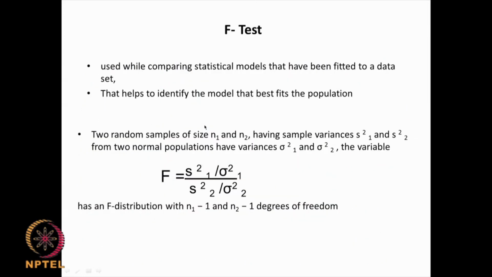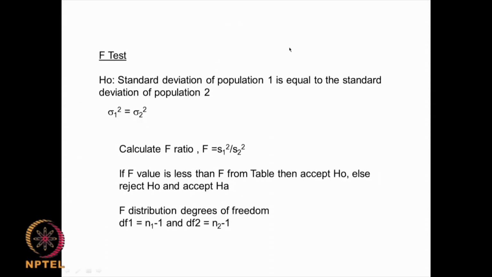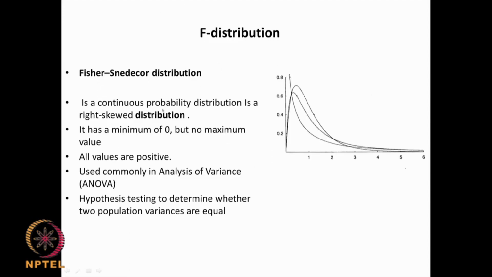Okay, let us go slightly more into the fundamentals. We need to know what is F distribution. This is called a Fisher and Snedecor distribution. It generally looks like this, and at different values of degrees of freedom, it will look like this. It is a continuous probability distribution.